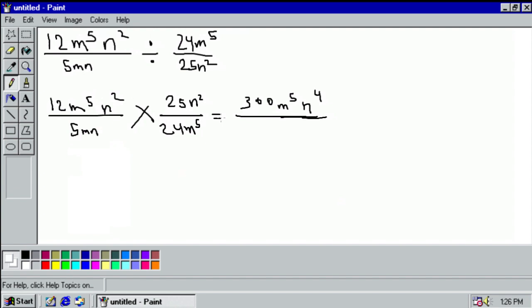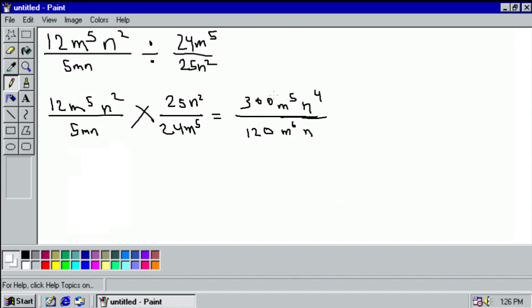Now for the bottom, we have 24 times 5, that will be 120, and m times m to the fifth is m raised to 6, and we don't have a partner for n, so we're just gonna leave it as that.